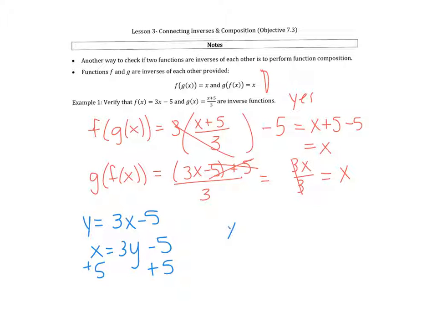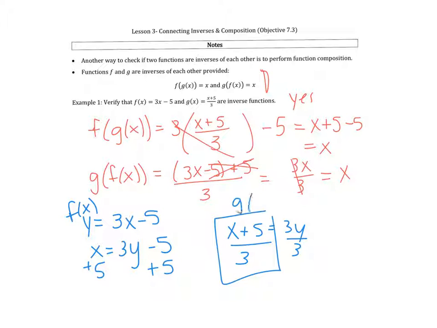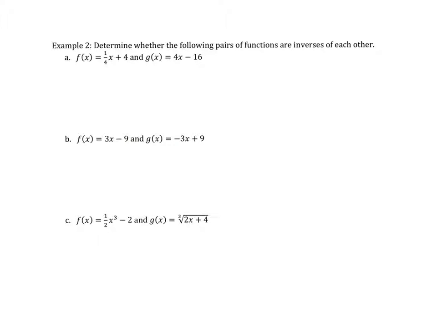So I have x plus 5 equals 3y, divide by 3. I can see that the inverse of f of x is the function that we get in g of x. And so since they are inverses of each other in both approaches, either set of work would work, either the red or the blue. All right, let's do a couple more examples.